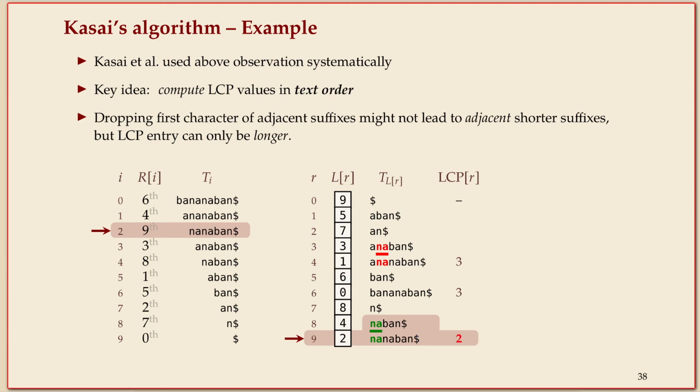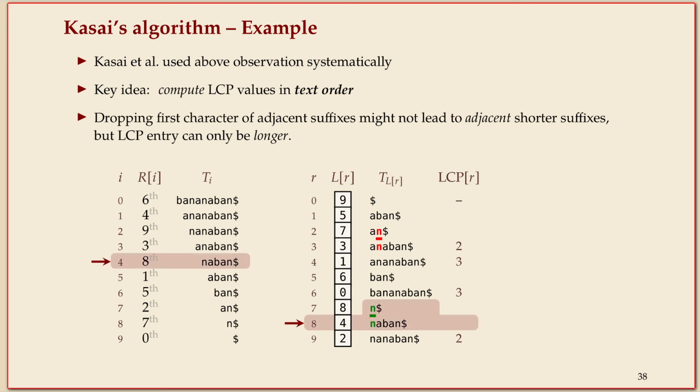We just do another comparison and compare B and N again and find they're still not equal. But this little rediscovery is cheap because it's a single comparison. So we find another LCP entry, and we remember there was 1 overlap still after removing the first character. So when we go to the next position in the text, which we find over here, then we can inherit 1 character that matches, and we find 1 more.